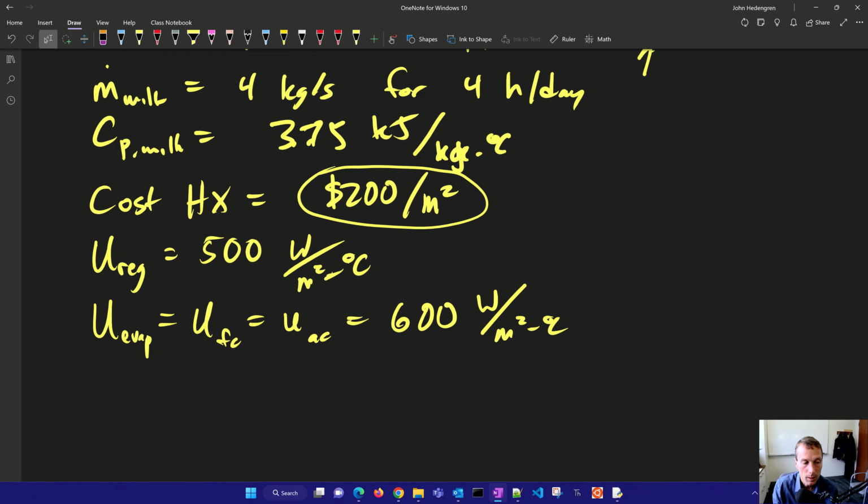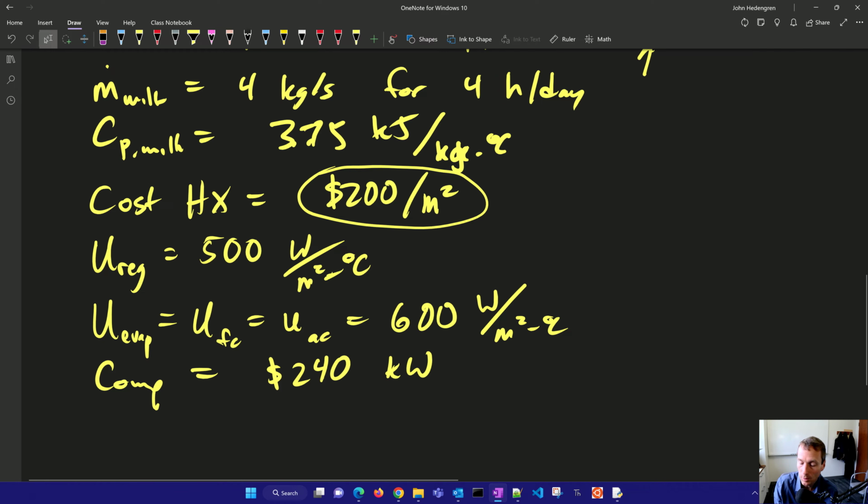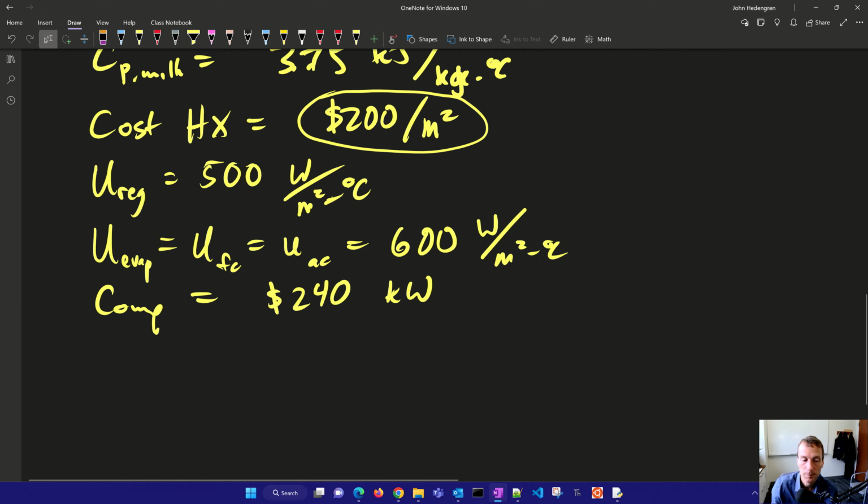And then the cost of the compressor. This is just the initial capital cost. It's going to be related to the total amount of power that it's rated for, so that's going to be per kilowatt of power. If you have a larger compressor, you just have to pay more for it.